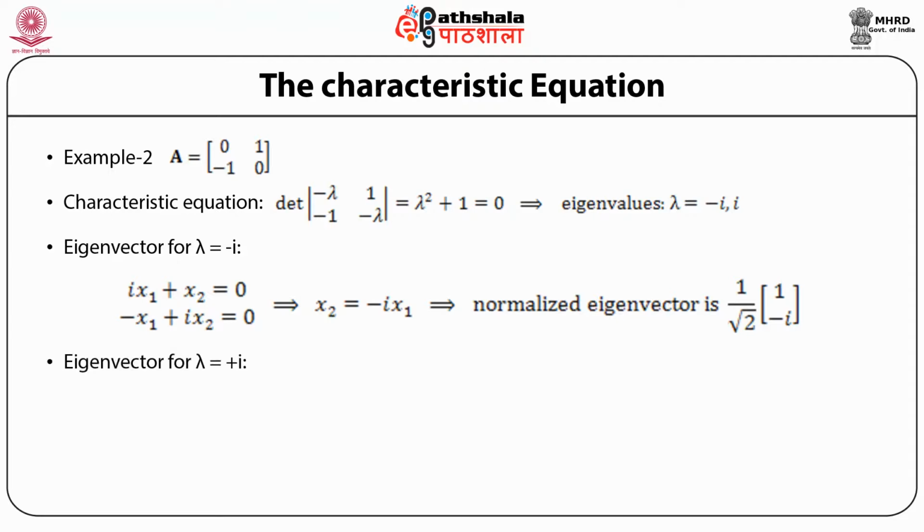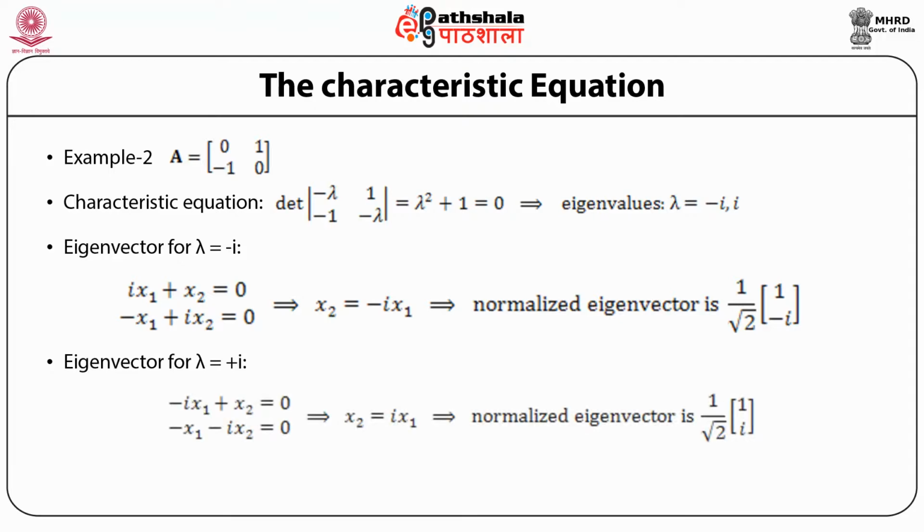The eigenvector for lambda equal to plus iota can be obtained using the equations minus iota times x1 plus x2 is equal to 0, minus x1 minus iota x2 is equal to 0, which implies that x2 is equal to iota times x1. So the normalized eigenvector is 1 by square root of 2 into the column matrix with the elements 1 and iota.